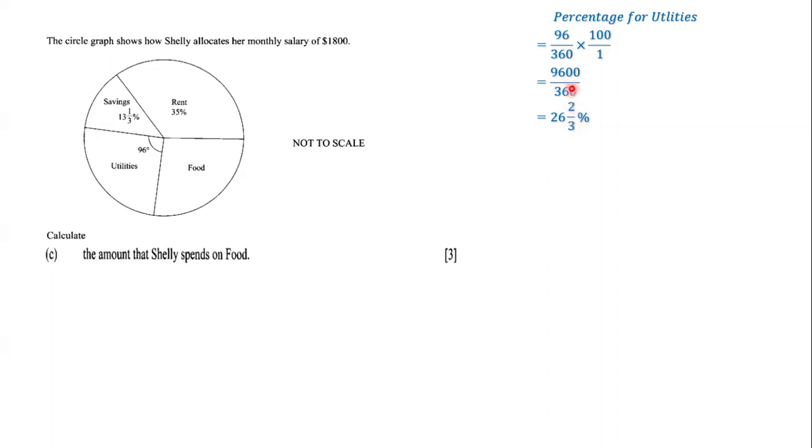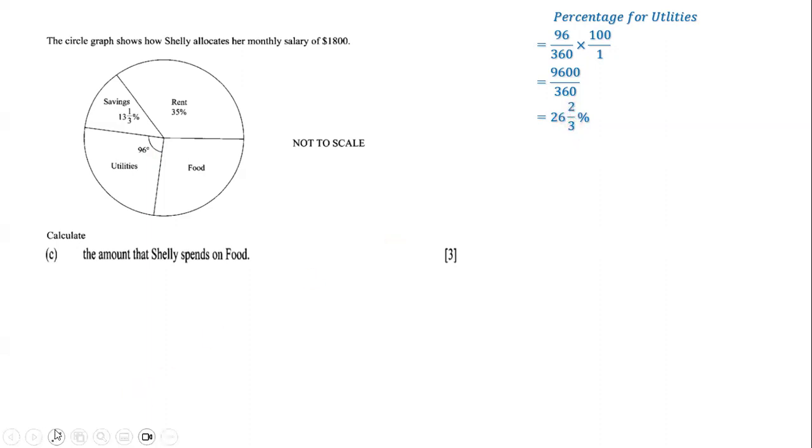So when we divide 9,600 by 360, what we actually got was 26.66666 continuing on and on, which is actually equal to 26 and 2 over 3, because 2 over 3 is equal to 0.66666.